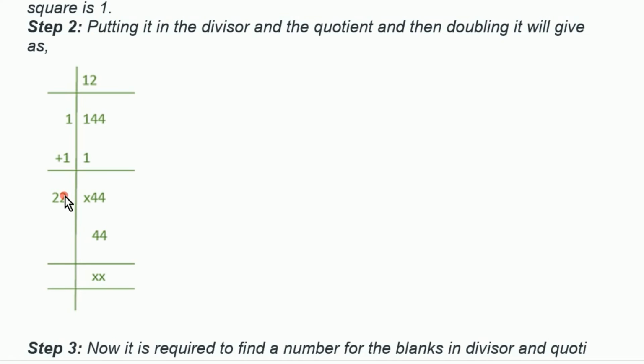Now what will that x value be? The value may be 22. We check: 22 times 2 is 44. So finding further is not necessary.